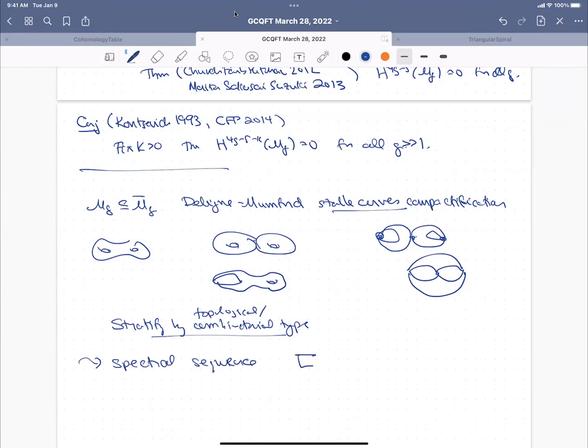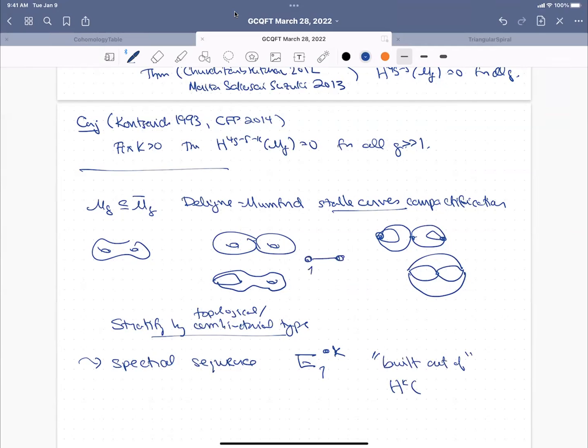And in the spectral sequence on the E1 page, if we look at the kth row of that spectral sequence, E1.k is built out of H^k of the stratum closures, almost.